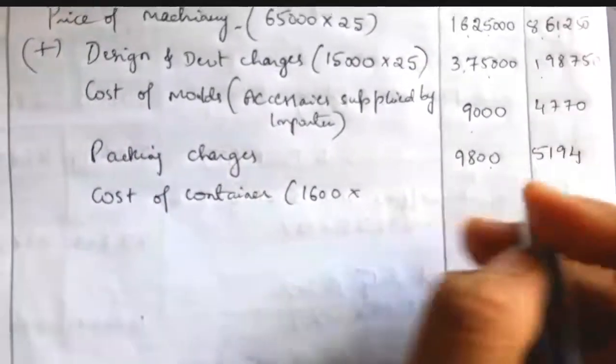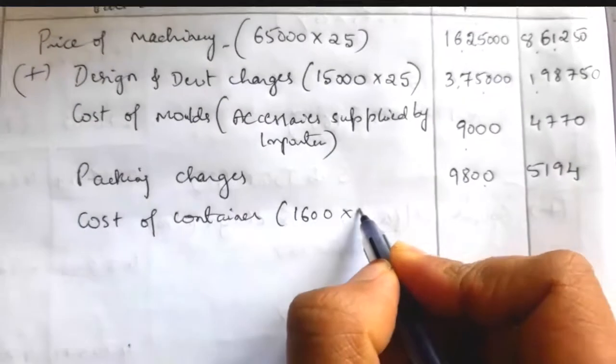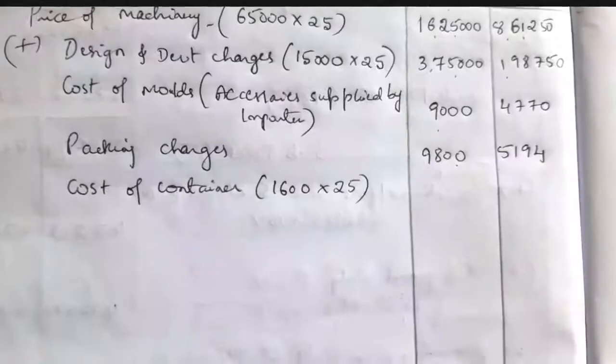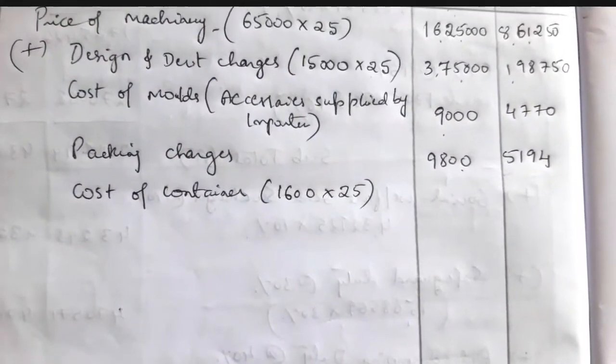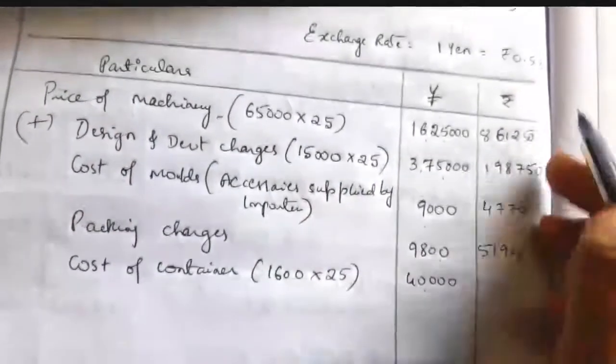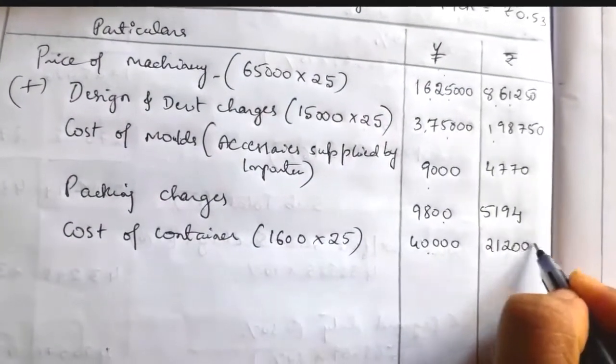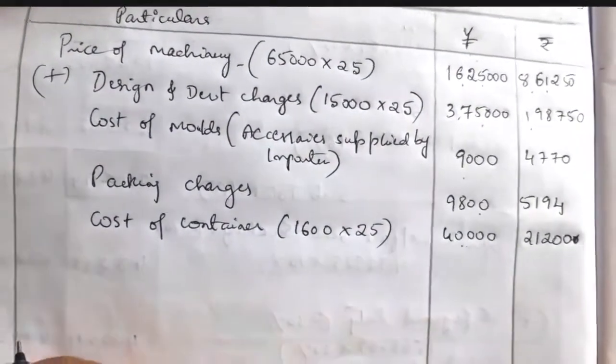Per container means we need 25 containers for 25 machines. So multiply by 25. 1,600 into 25 is equal to 40,000 yens. So 40,000 into 0.53 is equal to 21,200 in Indian rupee.